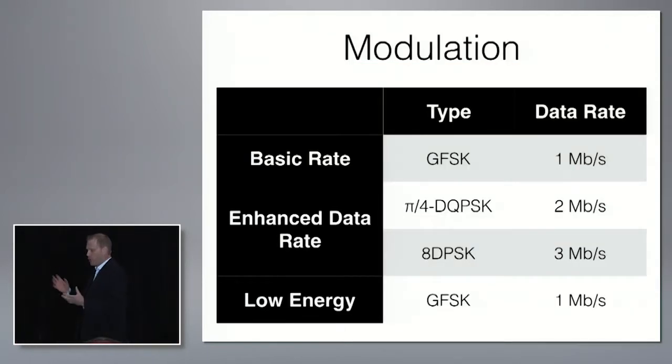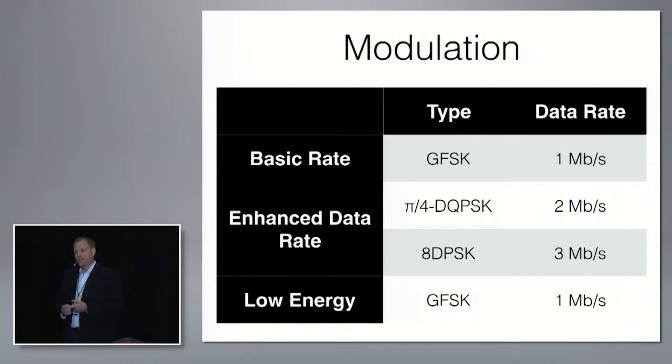Modulation. Obviously, for Wi-Fi, we know that in the 2.4 gigahertz spectrum, the modulation is going to be either DSSS or OFDM. In Bluetooth, you can see that it's using different types of modulation, depending on its capabilities. Low energy is using GFSK, as well as basic rate.